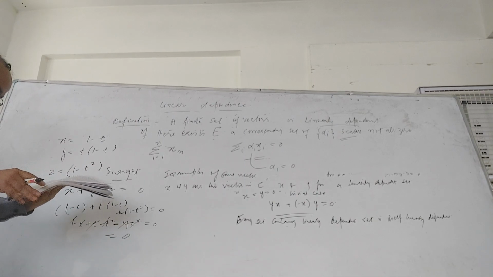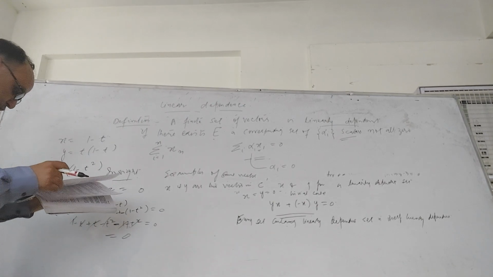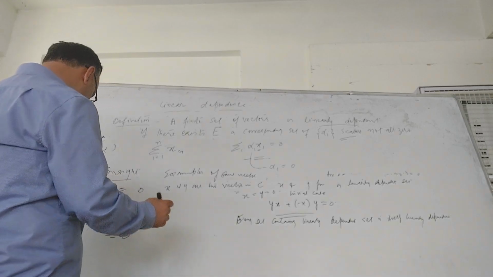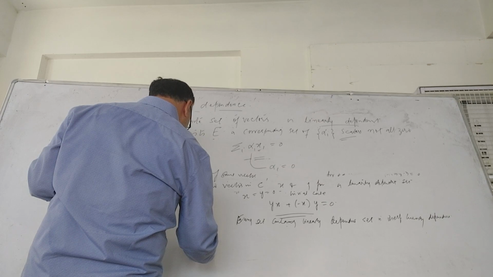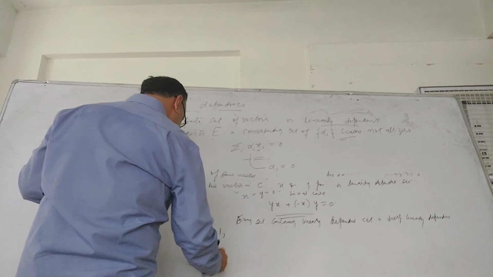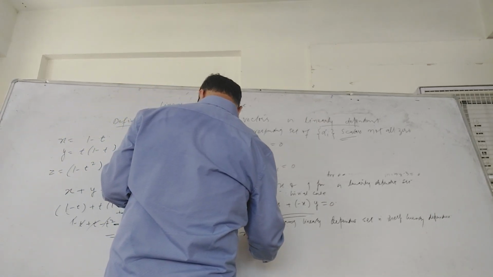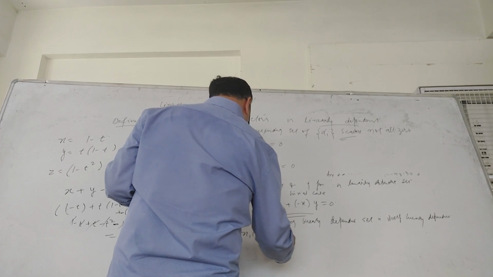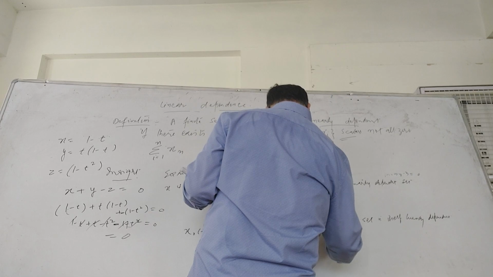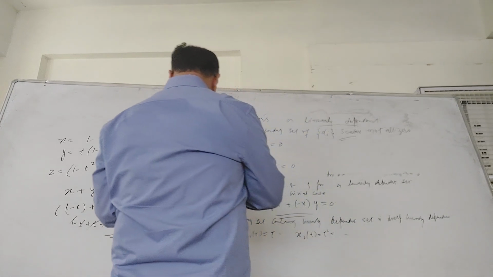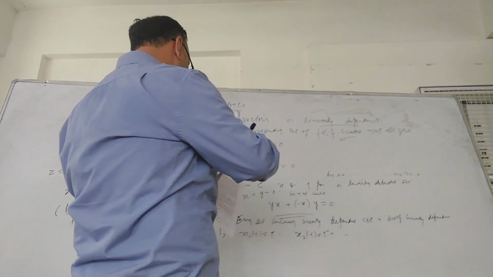If it is this way, however, for an infinite set of vectors, we can construct x0, x1, t, if you follow the book. You can construct it in a different form.